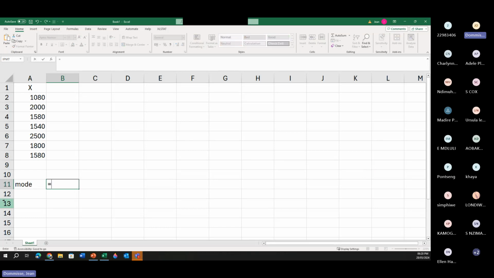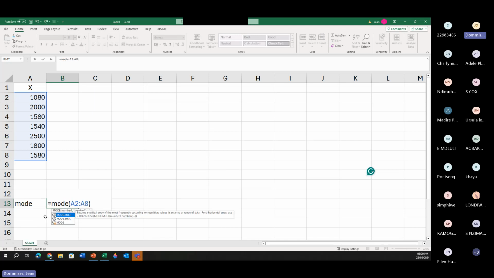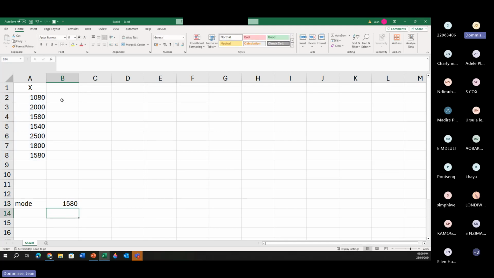The mode is equal to... and what I'm going to do as well is there is another mode function, that is multi. I'm going to keep that open because let me quickly show you guys.